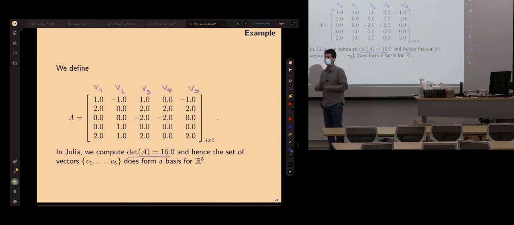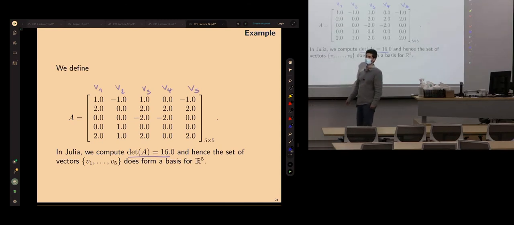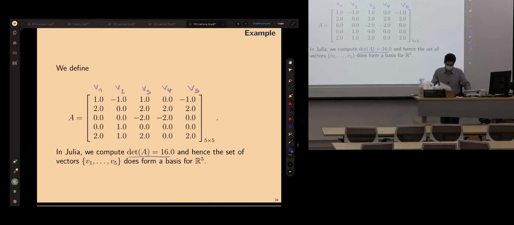Yes, but how can you say that this is a basis for R5 if you didn't test for the span? Because each vector is 5-dimensional, and I have 5 of them. So I can write any vector in R5 as a linear combination of them, right?